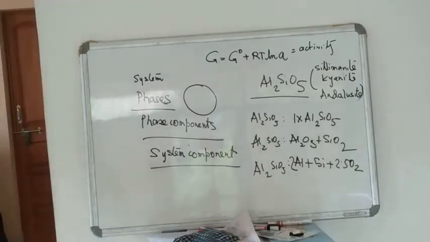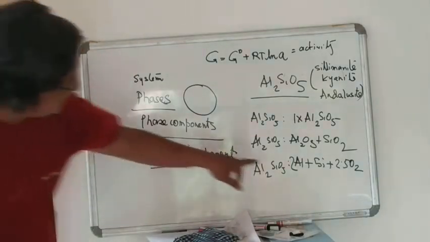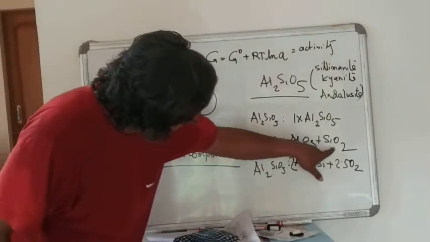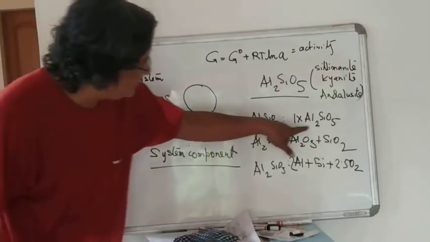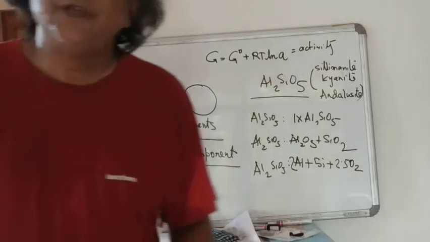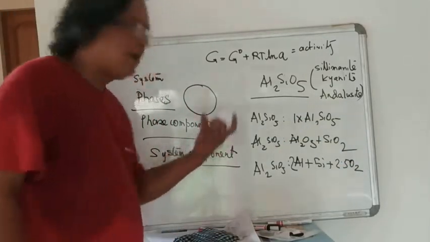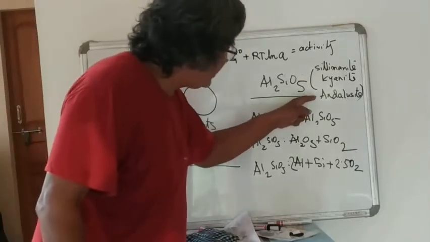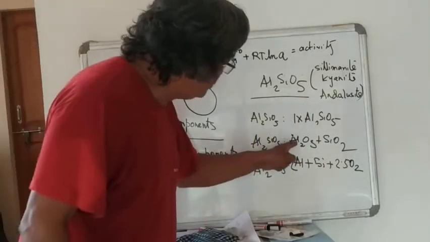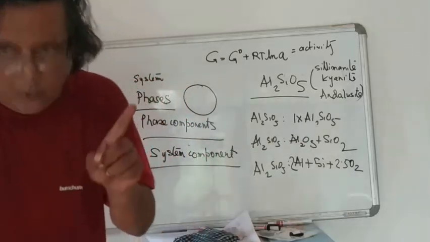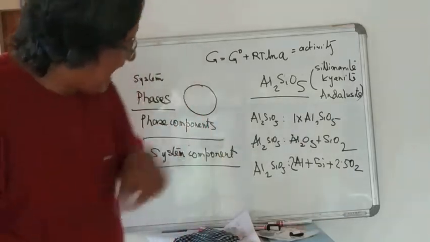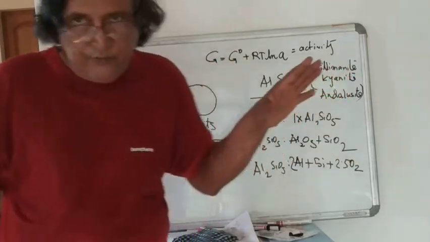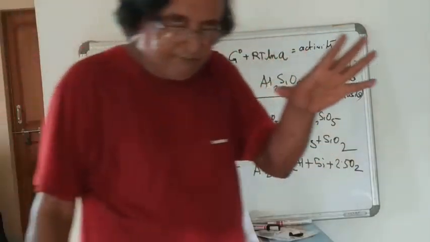Here it is a 3 component. Here it's 2 component. Here it's 1 component. So what is the system component of Al2SiO5? 1 Al2SiO5, not Al2O3 and SiO2. No, minimum number. And not Al, Si and O.